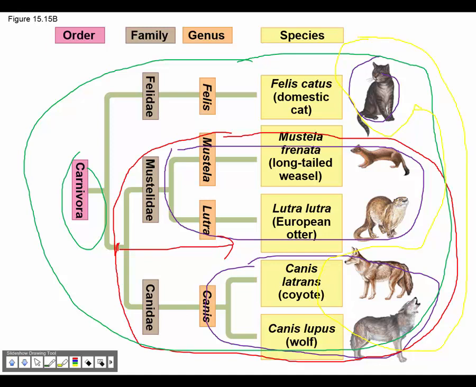Let's look at that group right there. We can't do that because there's a more recent common ancestor right here to weasels and otters, so we could not leave them out and call that monophyletic.